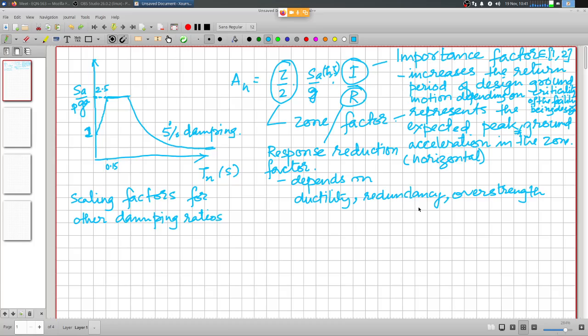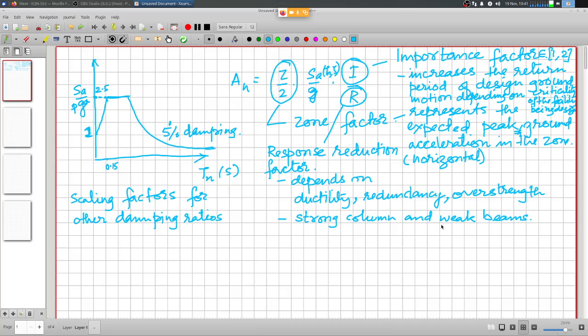The correct reasoning would be, if you go back to my demonstration of capacity design concepts, we need to design for earthquake resistance or earthquake resilience a system with strong column and weak beams, right?